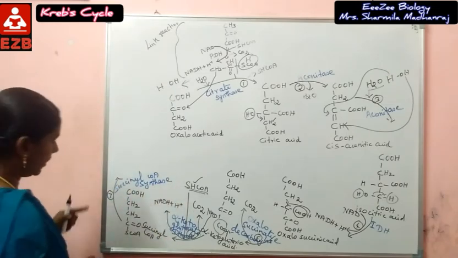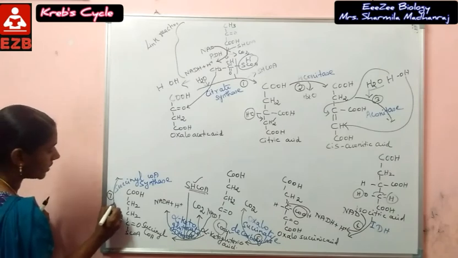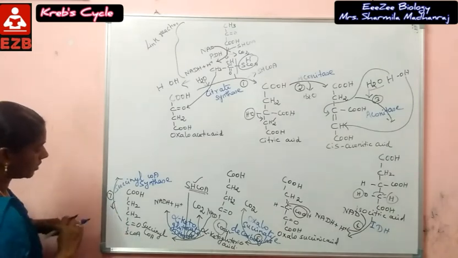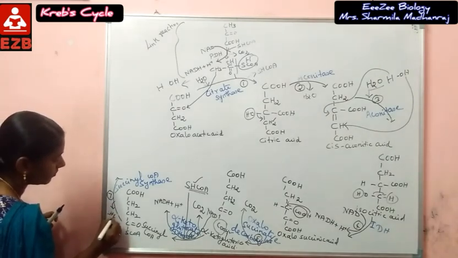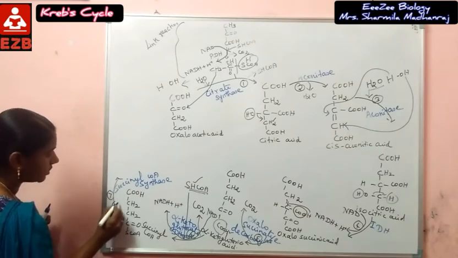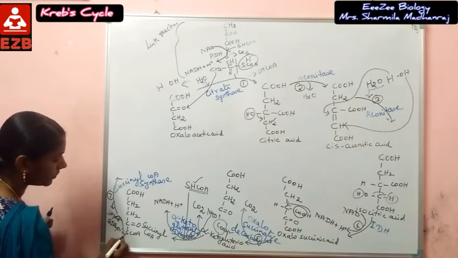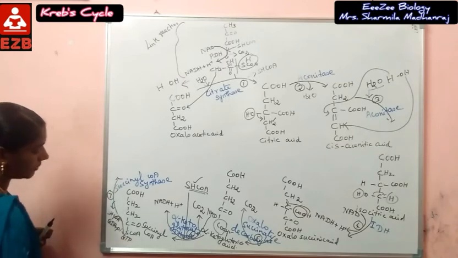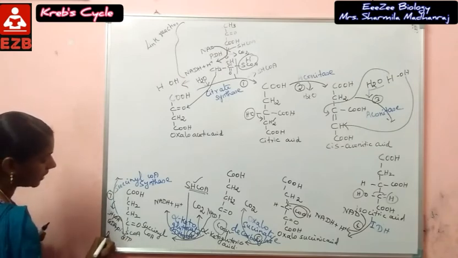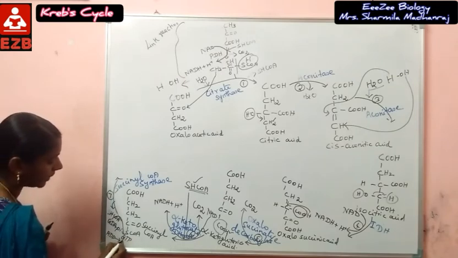GDP is phosphorylated, so GDP is converted to GTP. At the same time, ADP is converted to ATP, and the coenzyme is removed from this reaction. Enzyme: succinyl-CoA synthase.